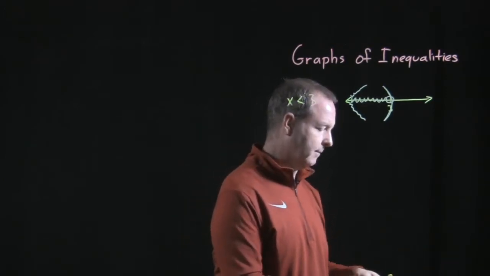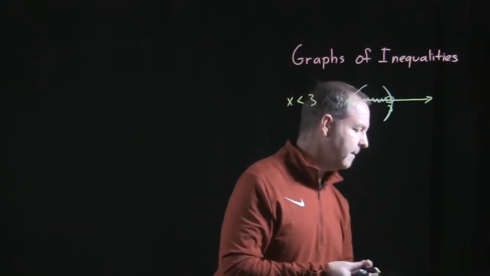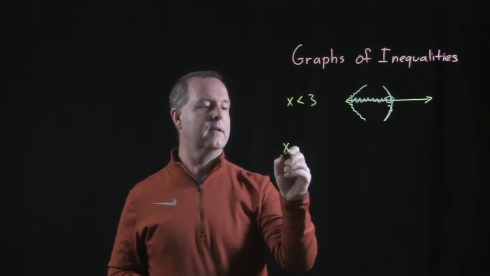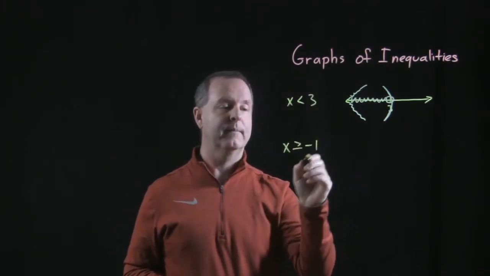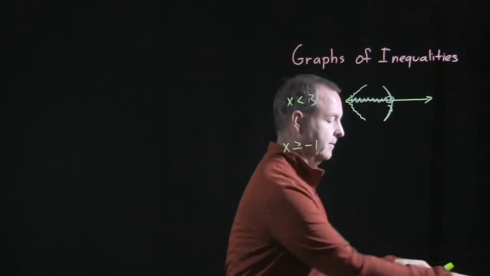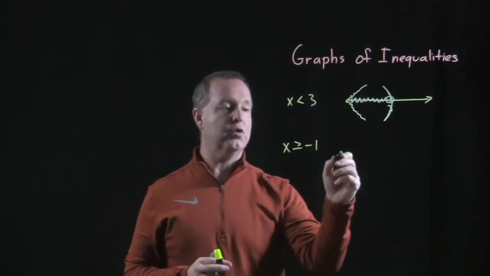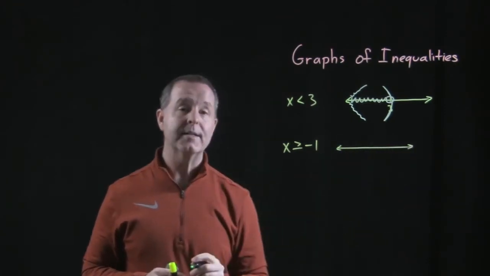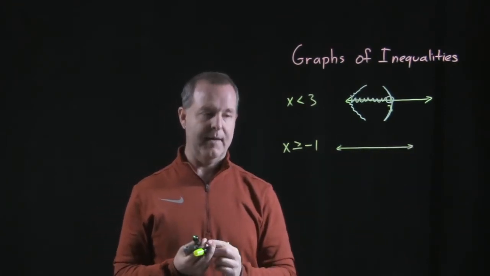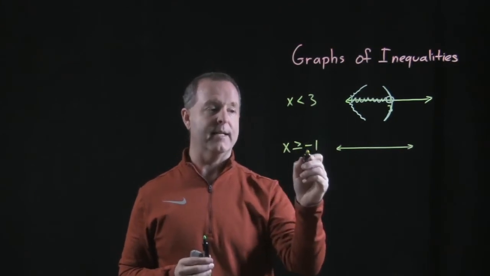So there's one way that you can describe the solution to this particular inequality. Let's try another one here. Let's look at all x's greater than or equal to negative 1. How would we graph that one out? Well, let's draw our number line. What's the pivot point? The pivot point or the change of directions happens at negative 1.